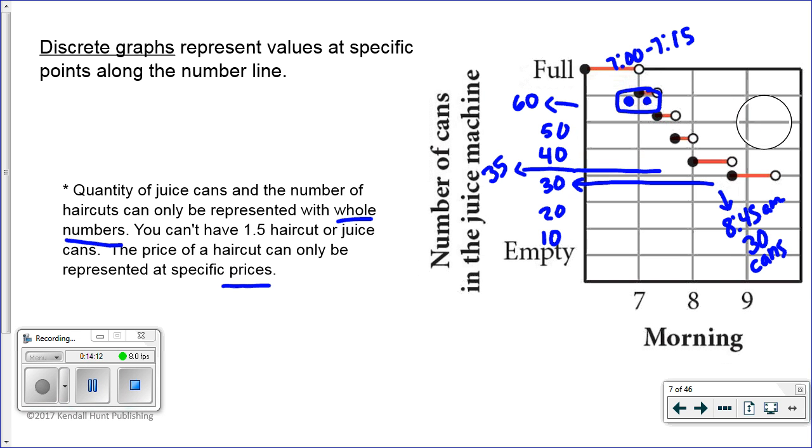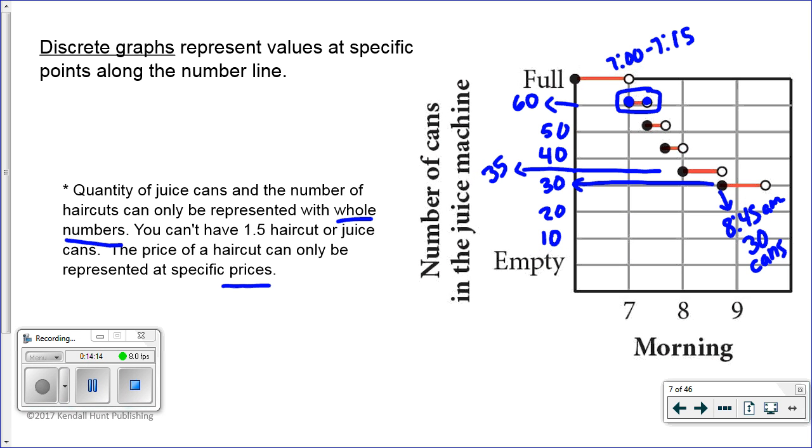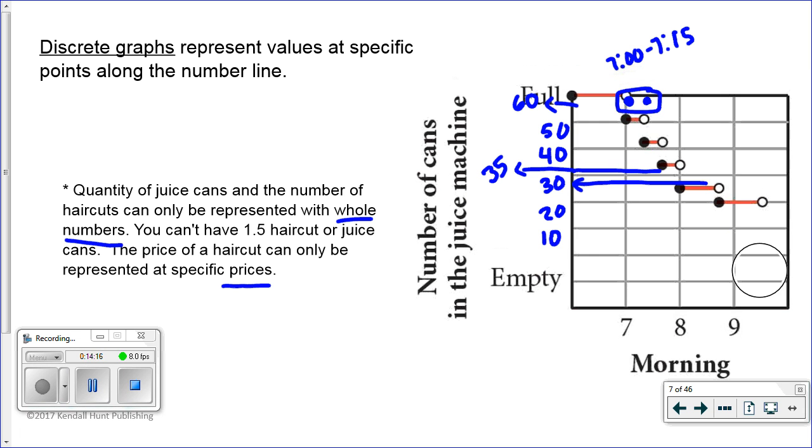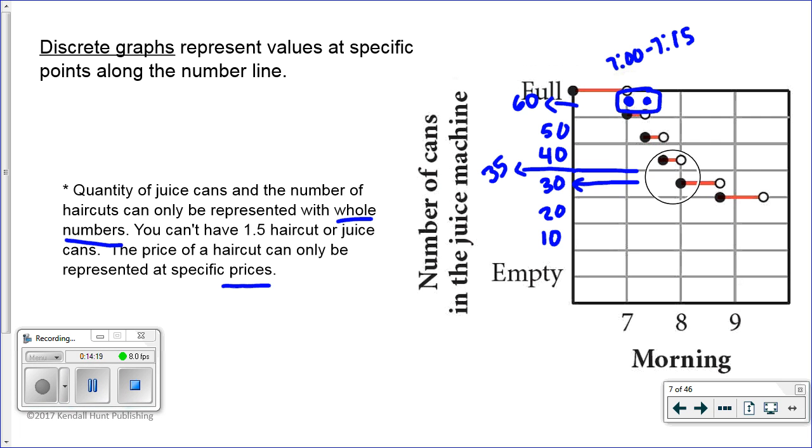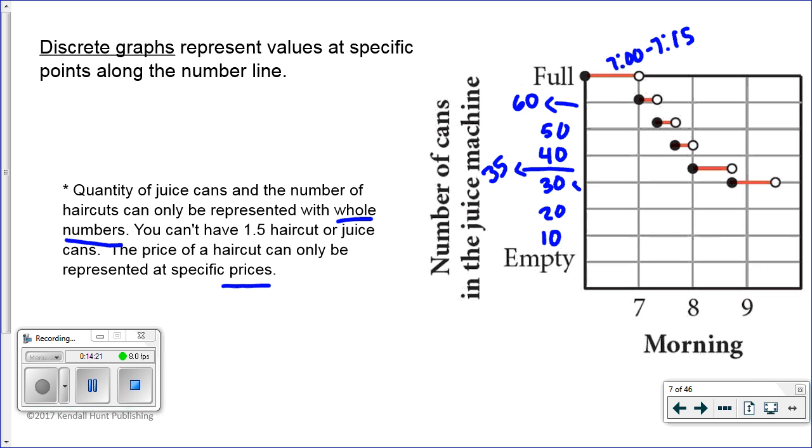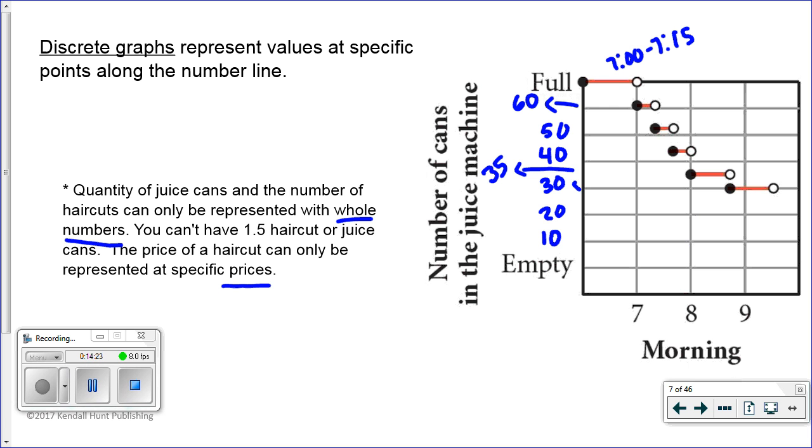So why is one of these filled and one unfilled?